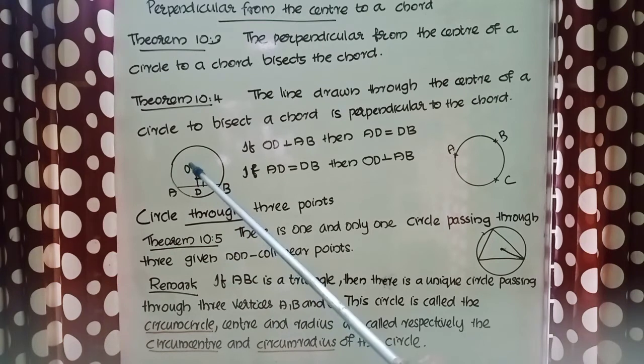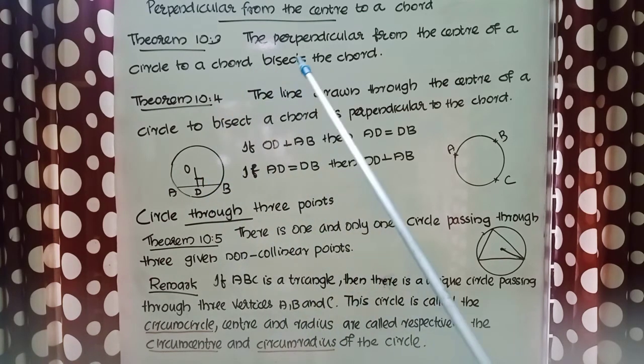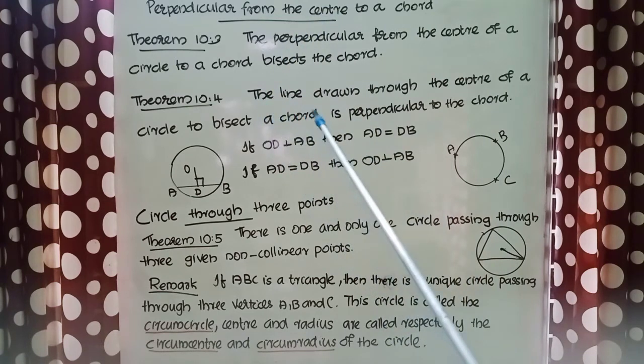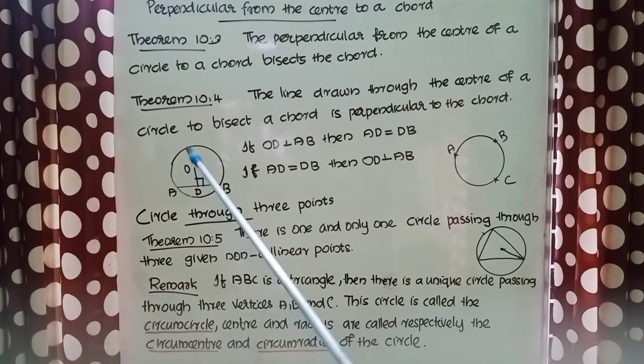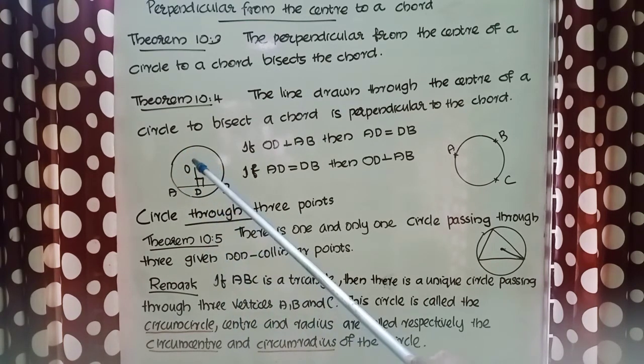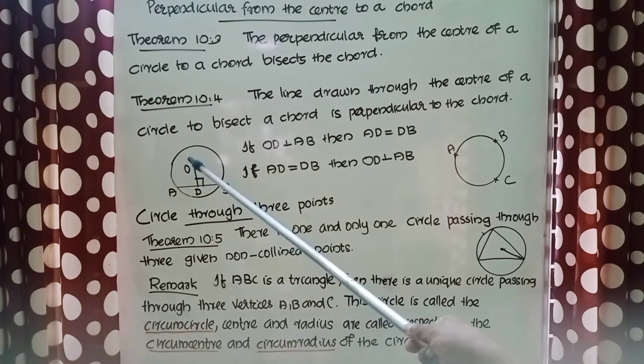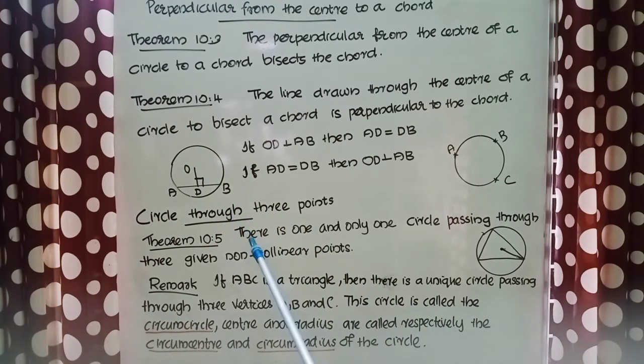So if OD is perpendicular to AB, then AD equal to DB. Second theorem, the line drawn through the center of a circle to bisect a chord is perpendicular to the chord. That means if AD equal to DB, then this OD is the perpendicular from the center.